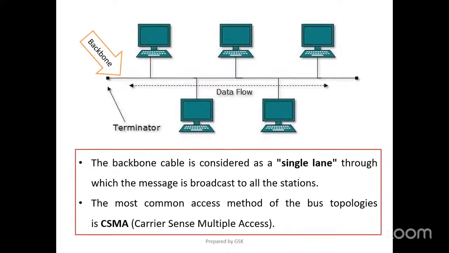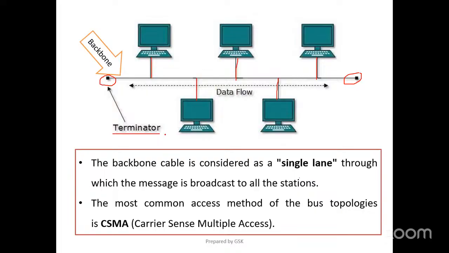In this figure, this is a drop cable, and this is also a drop cable. With the help of these drop cables, these systems are connected to the backbone cable. And here we have the two ends of the backbone cable. These are called terminators, ending points.